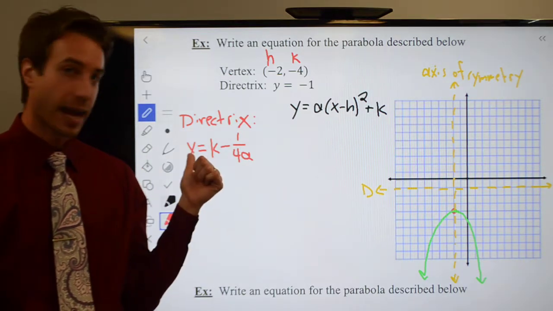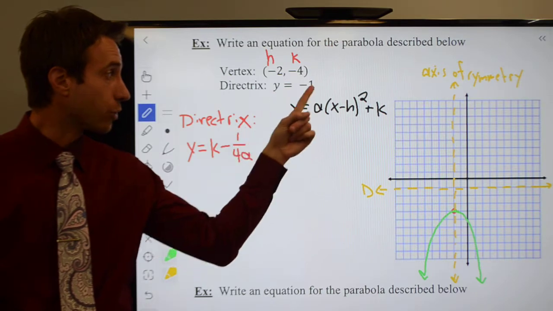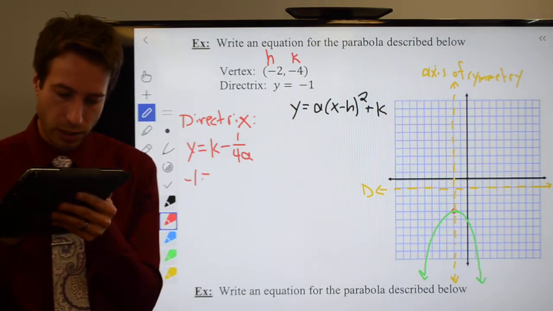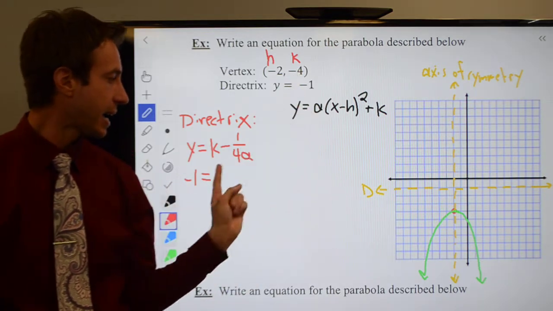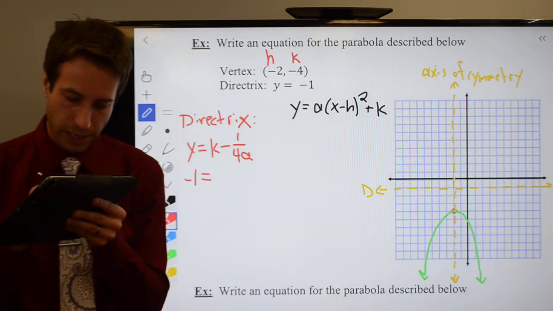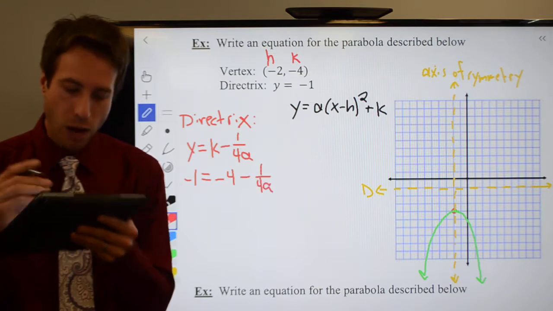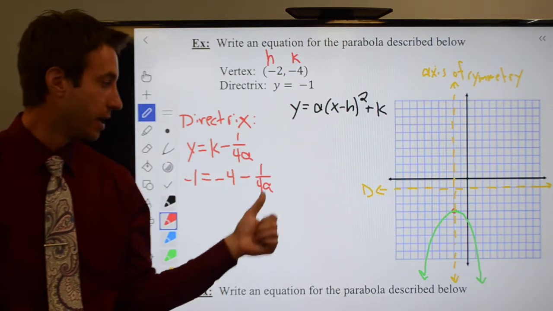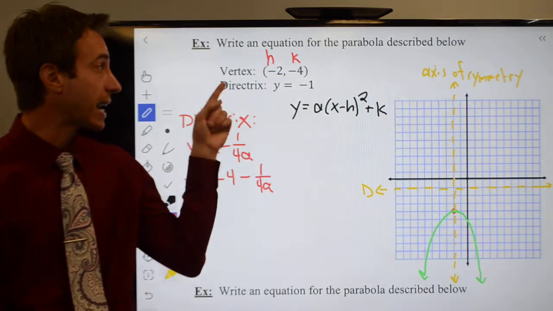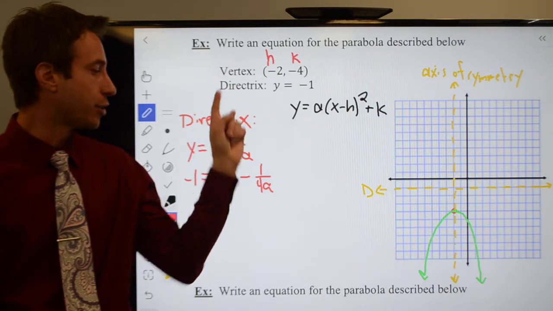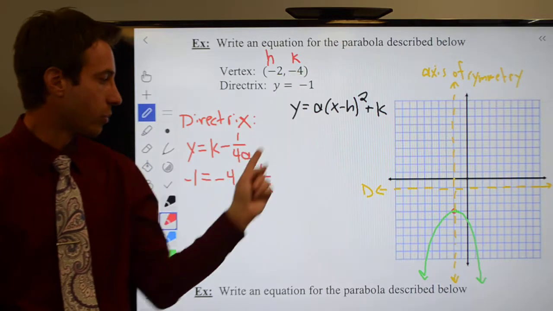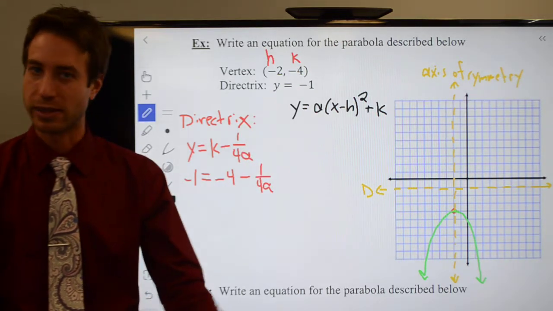I know that the directrix is at y equals -1, so I'll plug -1 in for y. -1 equals k, and I know that k is -4, so -1 equals -4 minus 1 over 4a. The only thing now that I don't know is a. So why did I give you the directrix? I gave you the directrix so that you can solve for a. Plug in what you know y to be, plug in what you know k to be. a is the only thing you don't know.